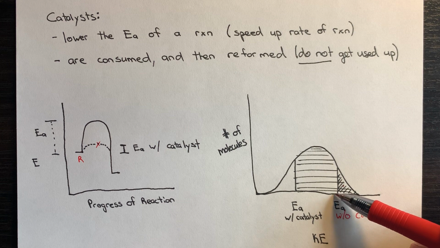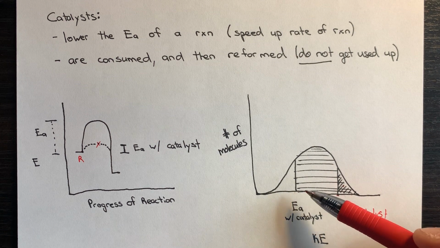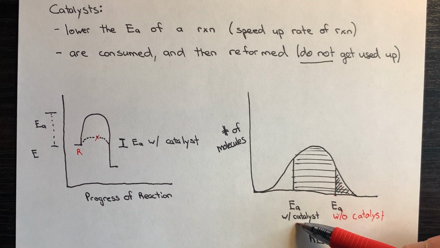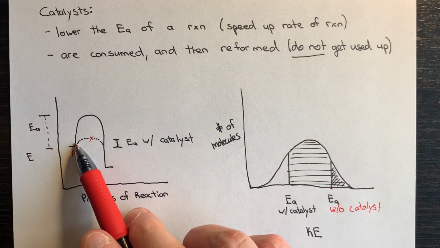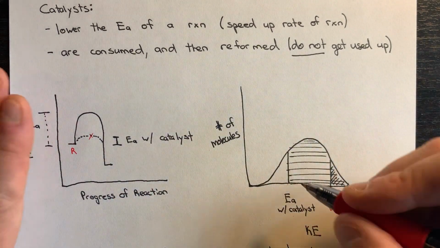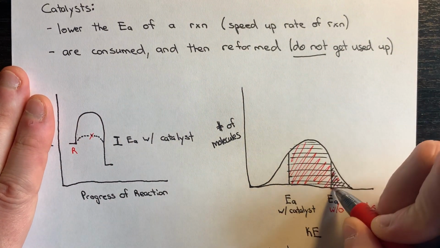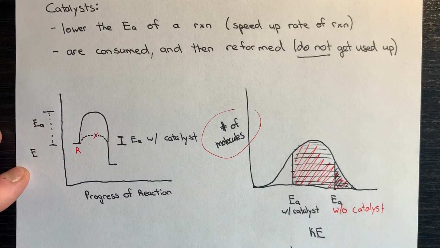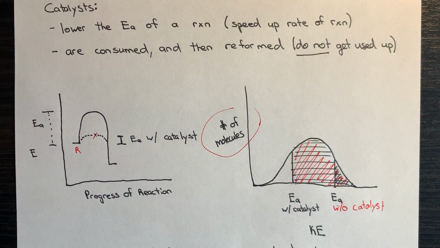Yet if the activation energy slides down to the left here, because we have the presence of a catalyst, as indicated by this smaller interval here, we now have a much larger area under the curve, a much larger number of molecules that can react immediately, and thus the rate of the reaction is faster.